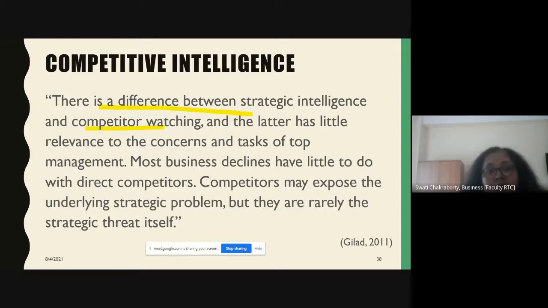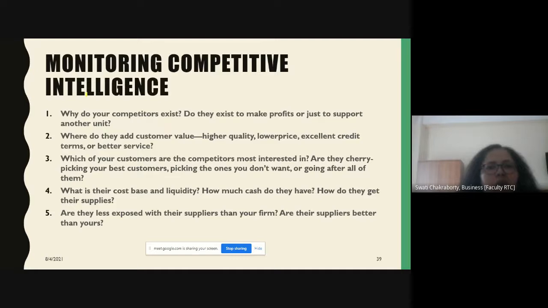These businesses which are falling, their decline in performance has very little to do with direct competitors. Competitors actually expose the main problem, but very rarely are they the strategic threat by itself.